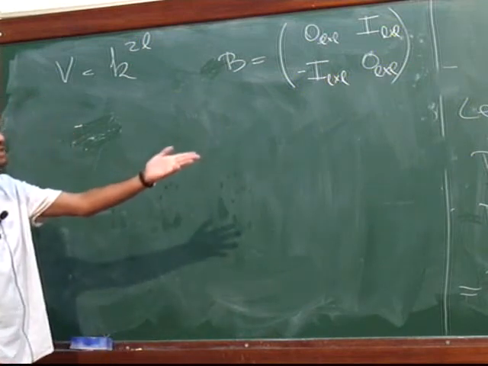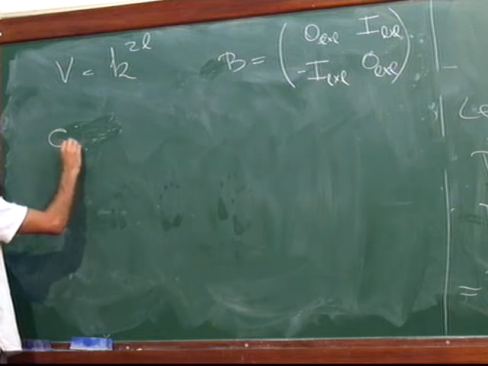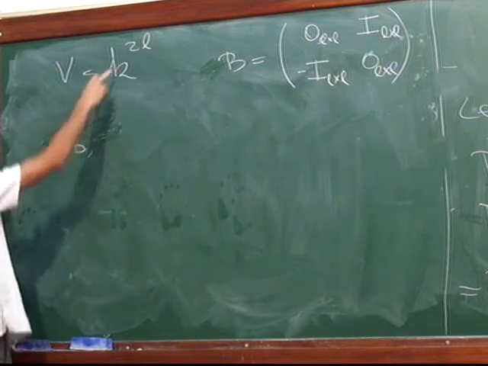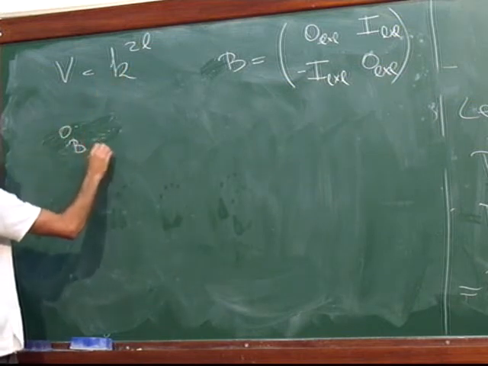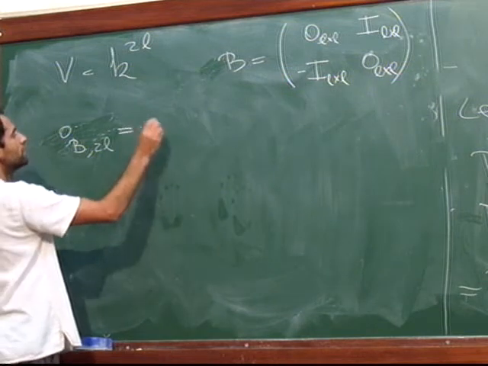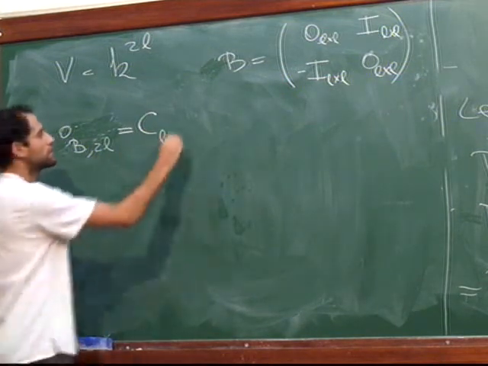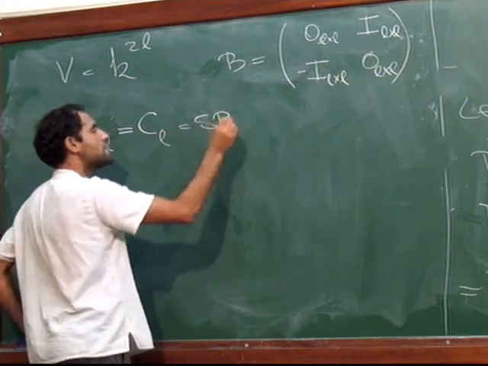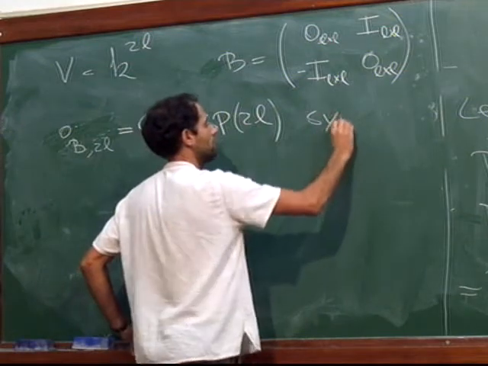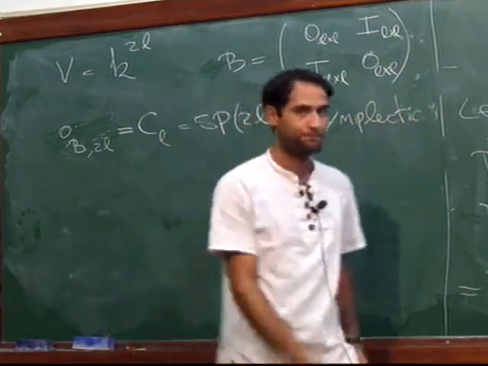So the corresponding Lie algebra in this case, that's why I'm calling it C, the Lie algebra O_{B,2L}, is called C_L, and it's also called SP_{2L}, and it's called the symplectic Lie algebra.